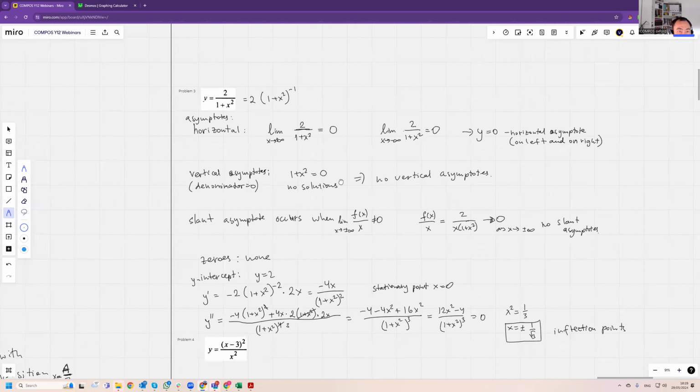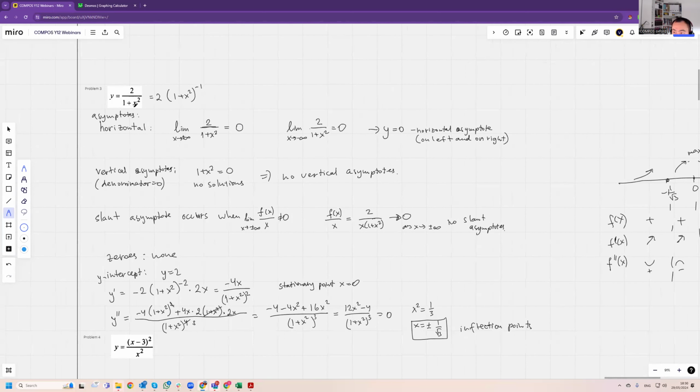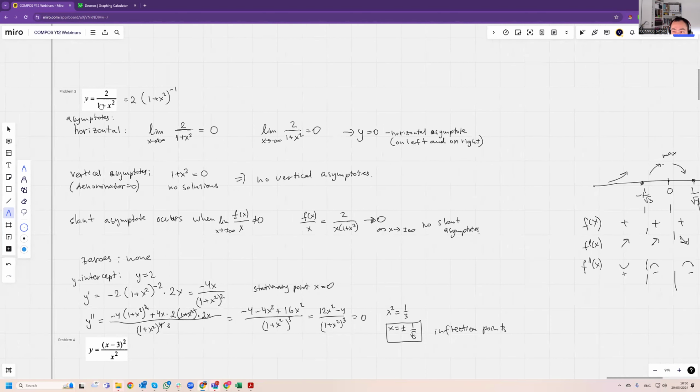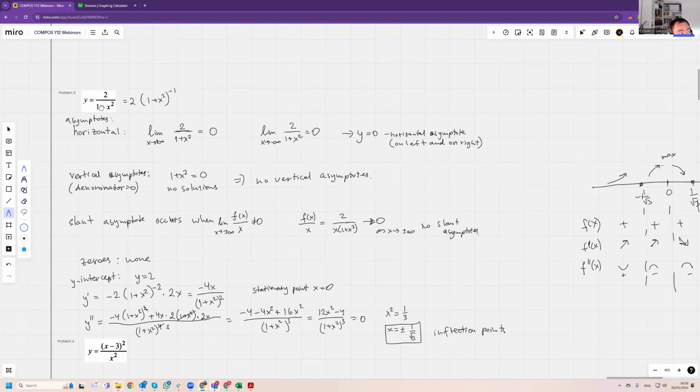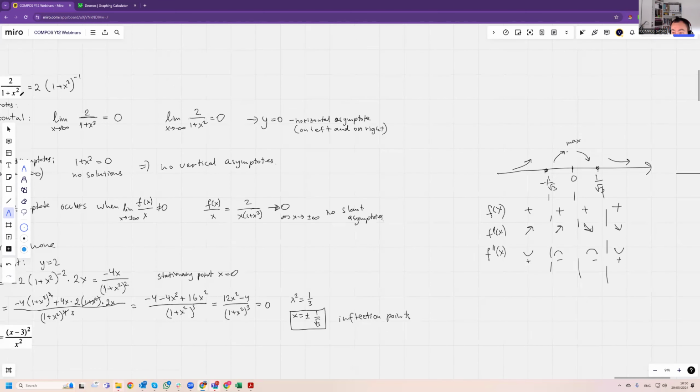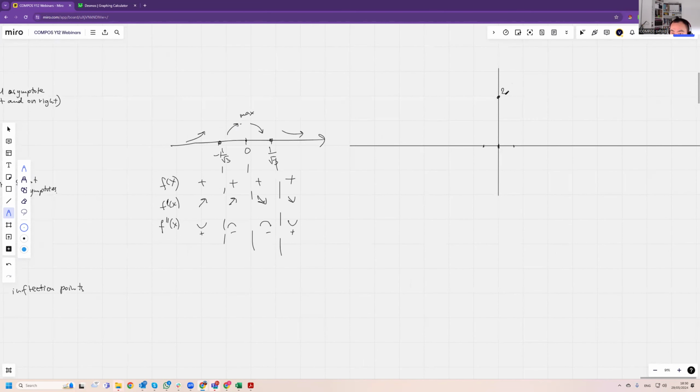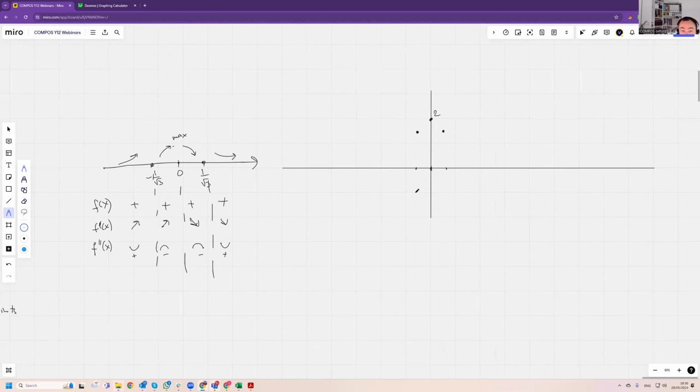Depending on what you need to do, you can substitute: 1 plus 1/3 is 4/3. 2 divided by 4/3, so 1 divided by 2/3, 3 over 2, 1.5. Here and here. And those are the points of inflection. Okay, beautiful. And finally, the asymptote.